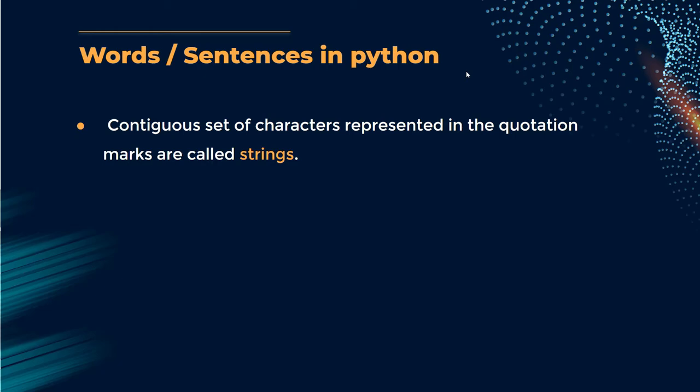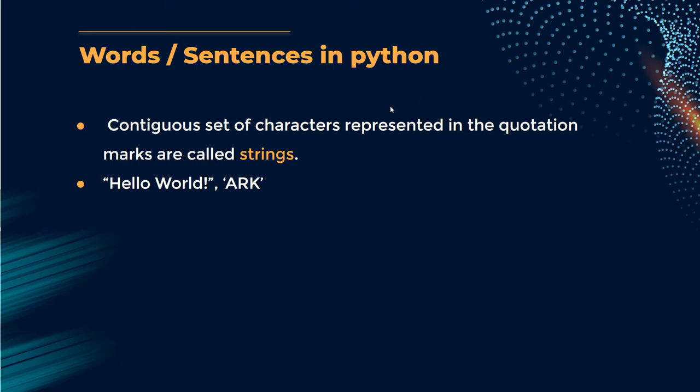So in Python, strings are sequences of characters represented in quotation marks. Strings can be used in Python in two ways. We can specify strings in double quotation marks, or even in single quotation marks.